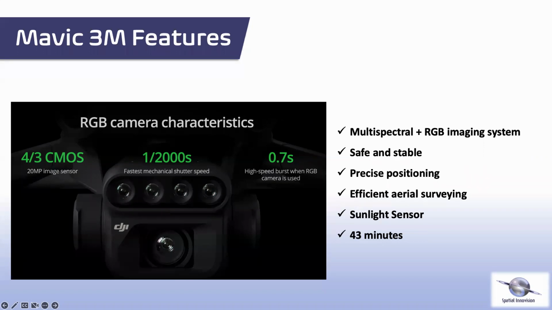This results in more accurate normalized difference vegetation index, NDVI, results, as well as improved accuracy and consistency of data acquired over time. The Mavic 3M will give you a flight duration of up to 43 minutes.